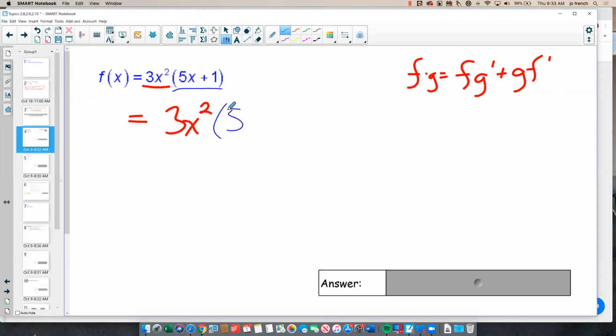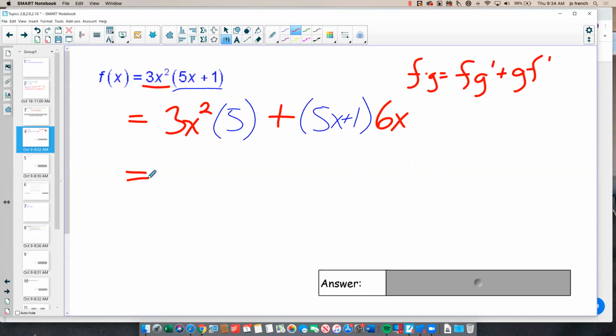It's the slope of the line y equals 5x plus 1. And then we add our second function, 5x plus 1, and we multiply by the derivative of our first function. The derivative of 3x squared using the power rule is 6x.